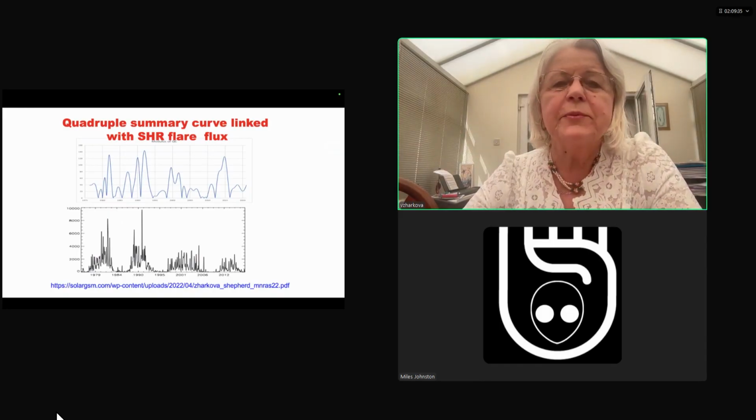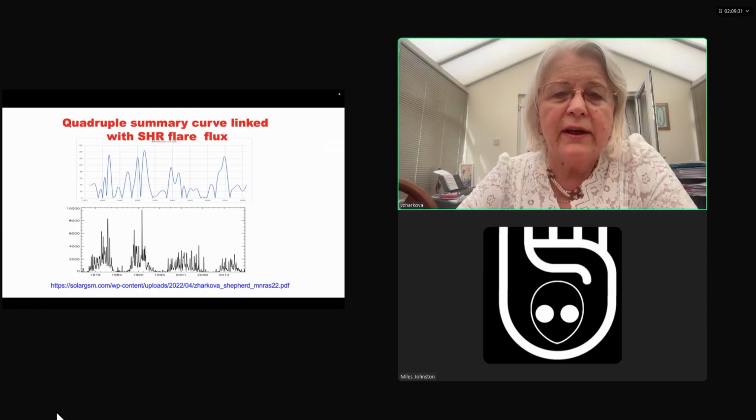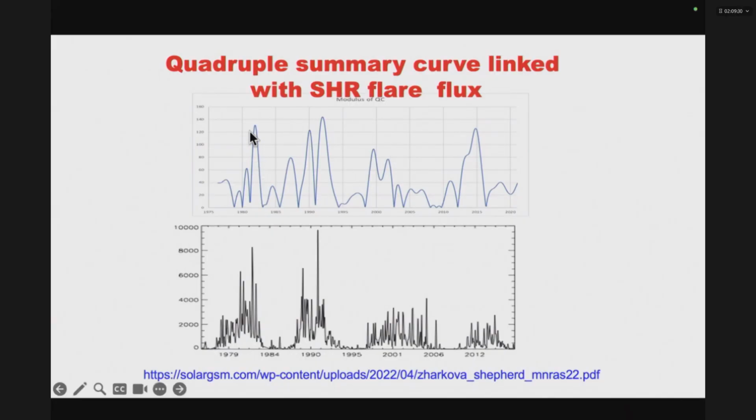But now we explored quadruple eigenvectors and their summary curve shown on the top, and compared this quadruple summary curve with the soft X-ray index of solar flares. And it turned out the quadruple index defines the solar flare activity very nicely.